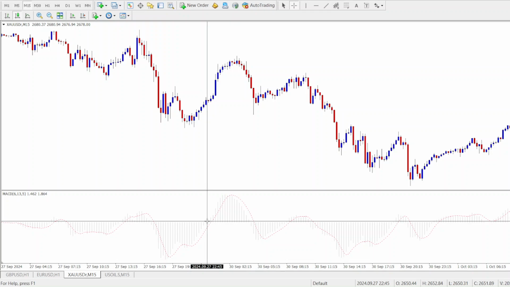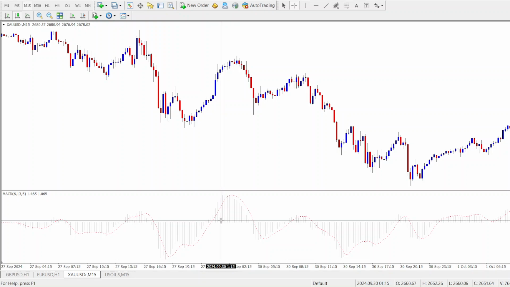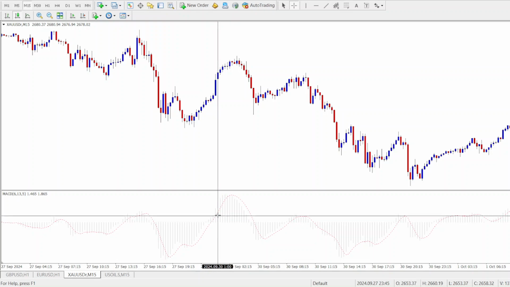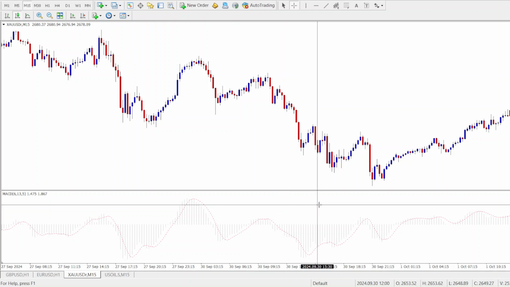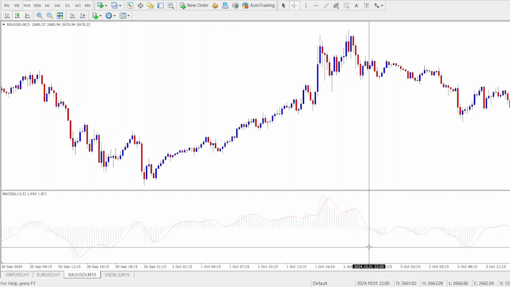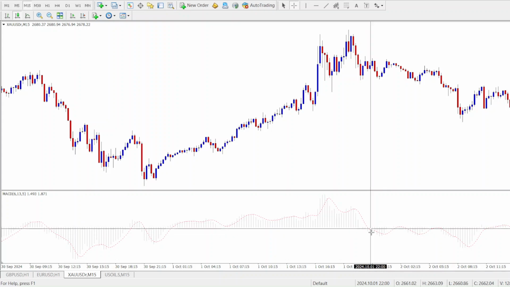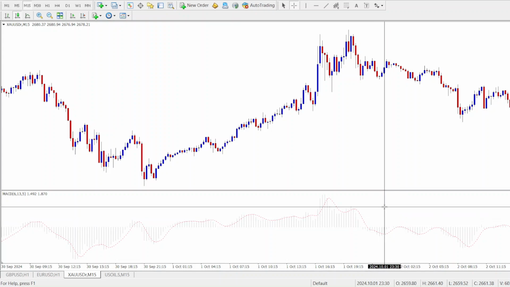It shows that there is an increase in momentum in the market, in the bullish direction. And for a bearish signal, it is when the MACD line crosses below the zero line and it signals potential selling opportunities, showing bearish momentum.